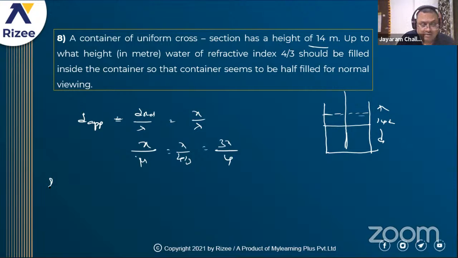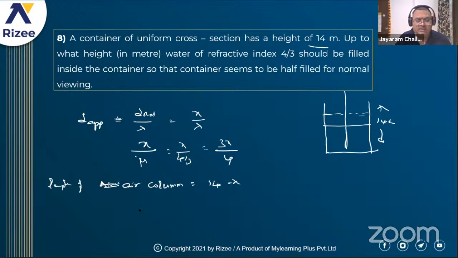Now the length of the air column is equal to 14 minus x.